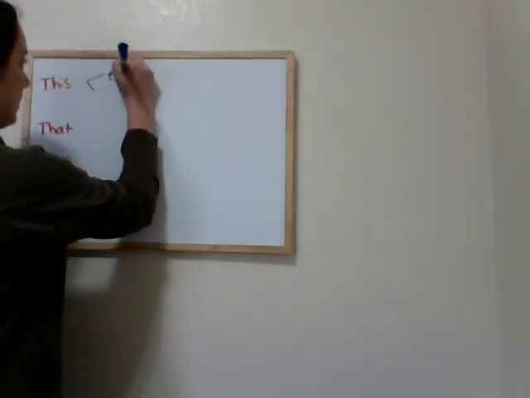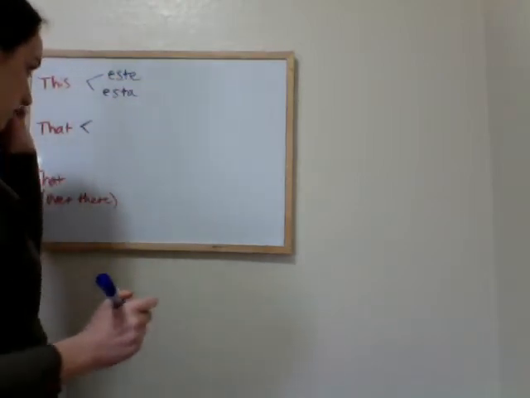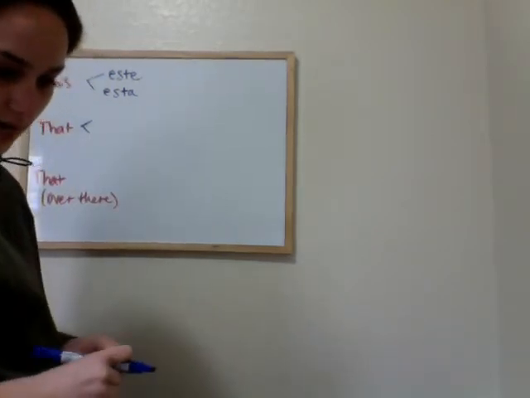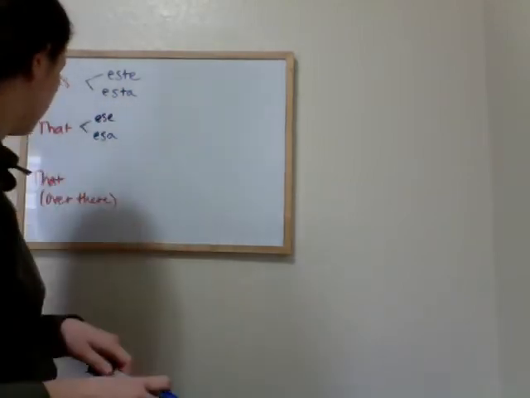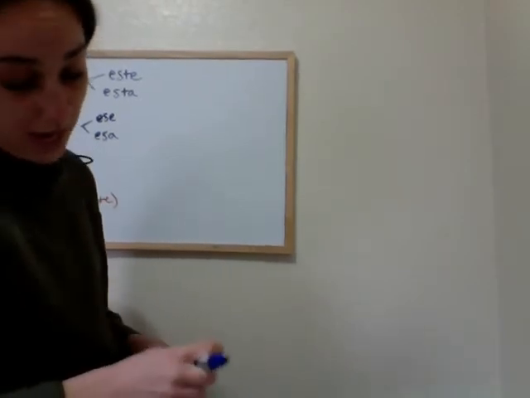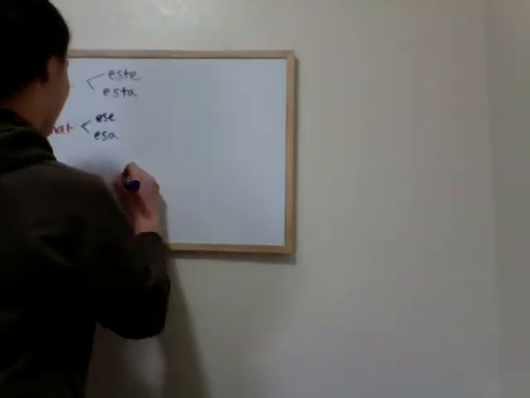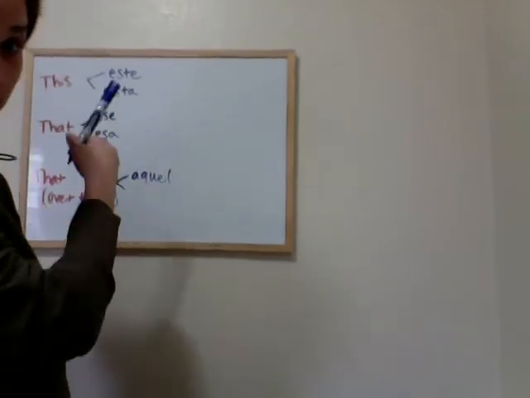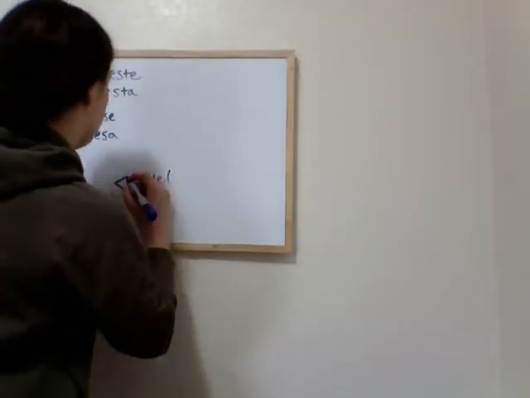It's either este or esta. Remember, because we have to agree in gender. For that, we either have ese or esa. And then for that way over there, we have either aquel. I don't know why, it's weird and it doesn't look anything like those, but that's just how Spanish is. Or aquella.